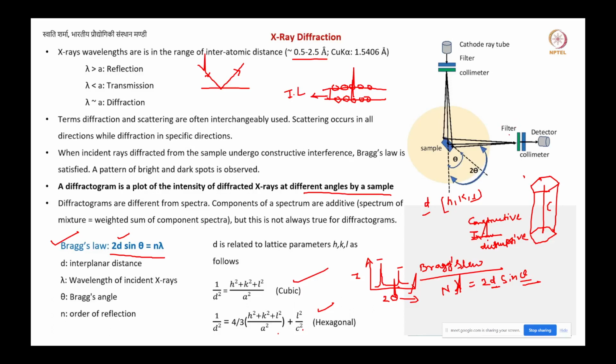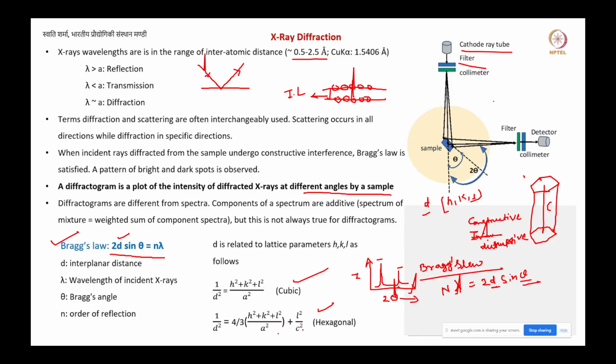So in XRD you will have a filter and the detector. Let's say your sample is here, your ray is coming and it is diffracted. Here it will go, and this is your cathode ray tube. From the cathode ray tube your X-ray will come, and it has to pass through the filter, because there are also different wavelengths.